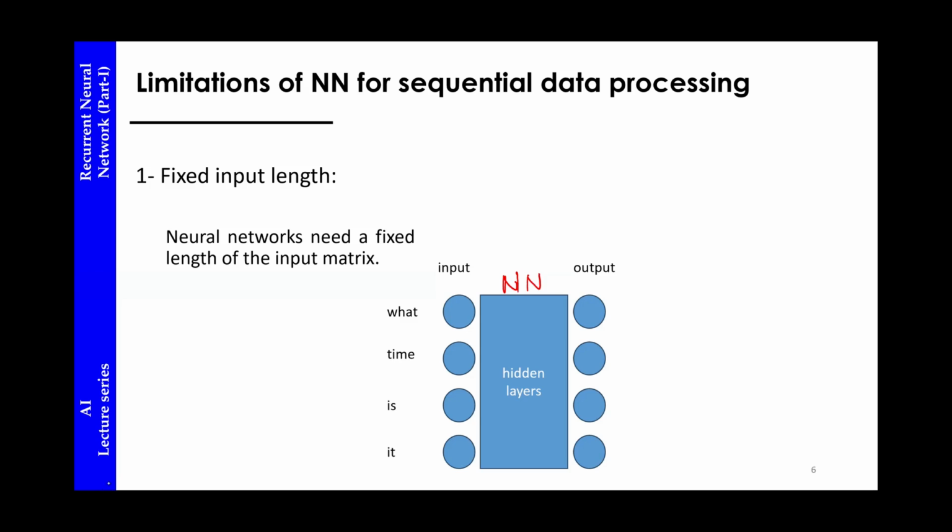What if at the next step we introduce "how much does it cost", and we want to ask our neural network to predict the meanings of these sentences? "How much does it cost" includes 1, 2, 3, 4, 5 words, and we need an input with a length of 5. So it is challenging. We cannot do it unless we change the architecture of the neural network.